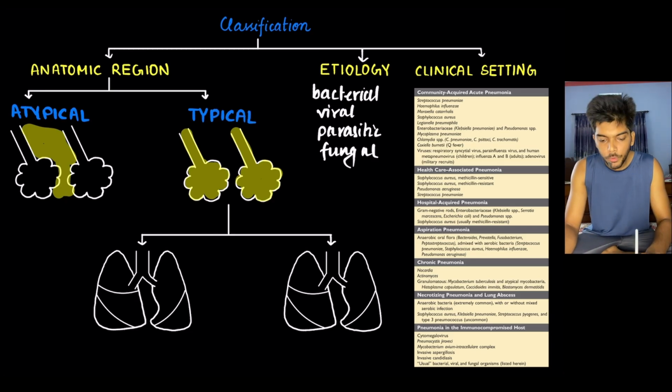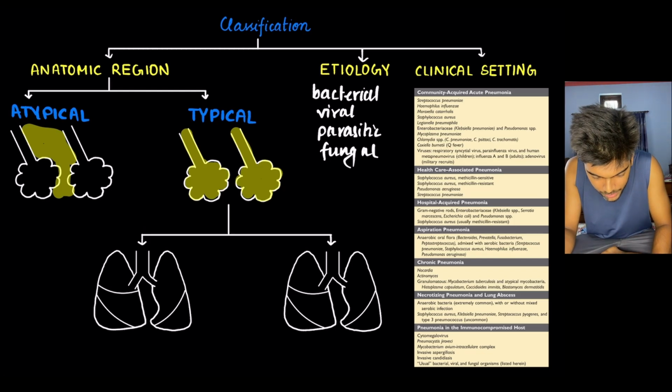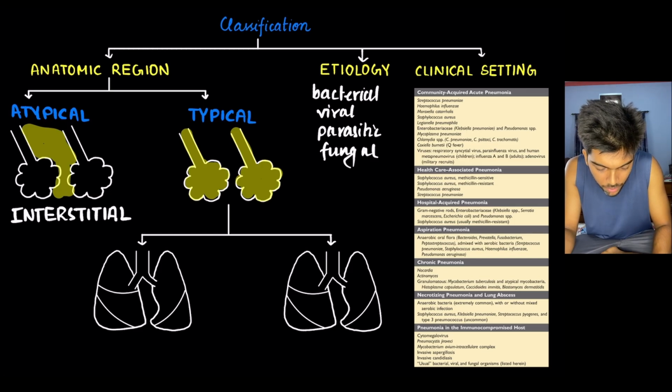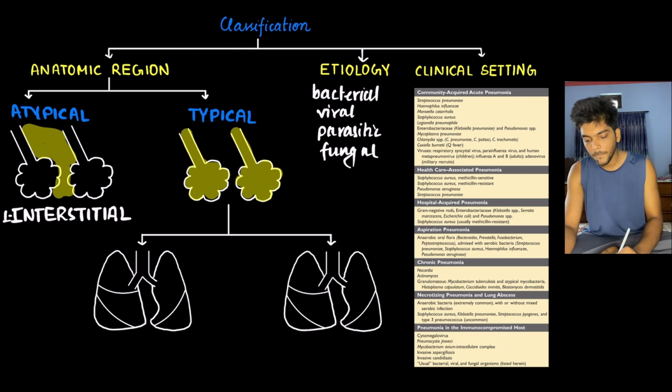In atypical pneumonia, since it is the interstitial space that gets consolidated by exudate, it is also referred to as interstitial pneumonia. So this is the first type of pneumonia on the basis of anatomic region.